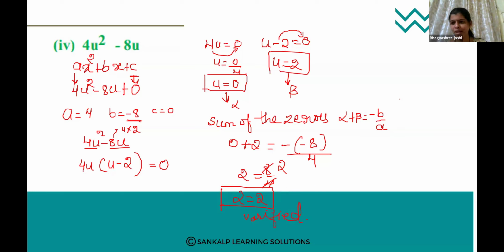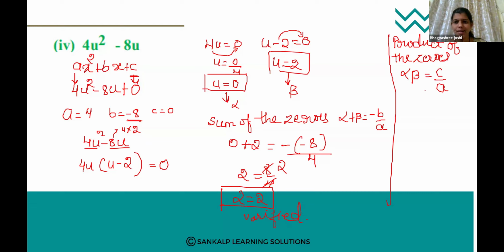Is this the only thing to find out? No. We need to find out product also, right? So product of the zeros is equal to, dear children, product of the zeros, alpha into beta equal to c divided by a.